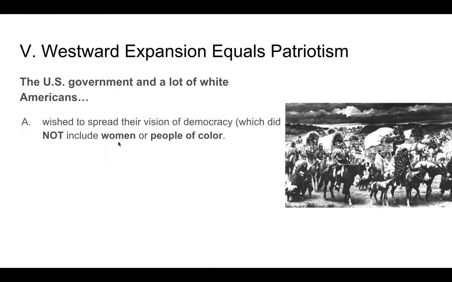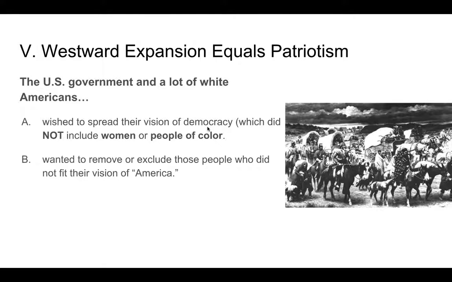And this did not include women, because women couldn't vote at the time, or people of color, who were either enslaved for the most part, or they were Native American and were in the way. So this vision of democracy, they wanted to have it spread from the Atlantic to the Pacific, but it didn't include everybody. This democracy was very limited, mainly just to white males.